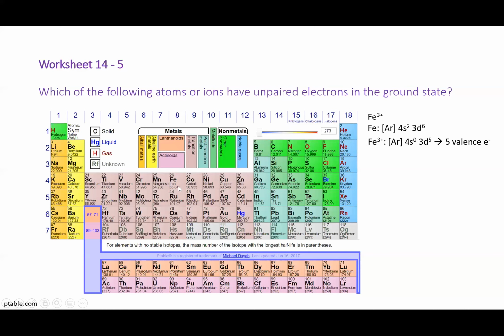And if I'm losing 3 electrons, I'm losing them from the s orbitals first because they are higher in energy, and then 1 from the d orbital. So in total, I have 5 valence electrons. And how I place them is like this, because according to Hund's rule, we want to maximize unpairedness. And if this is the case, then we have unpaired electrons.